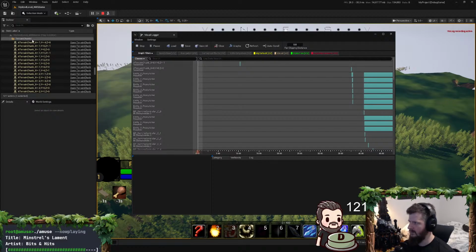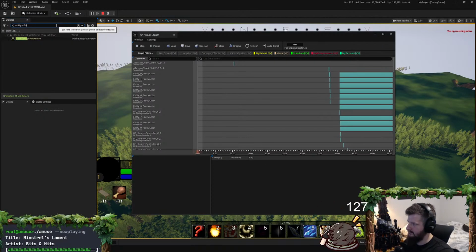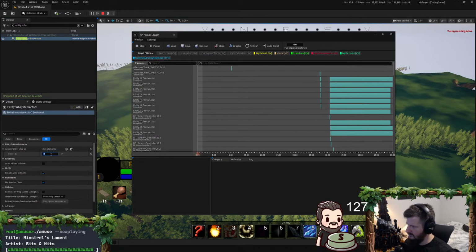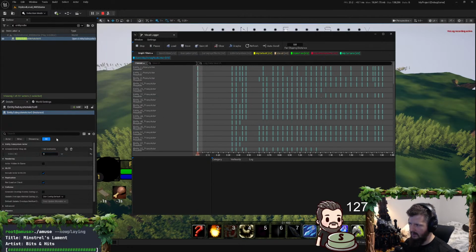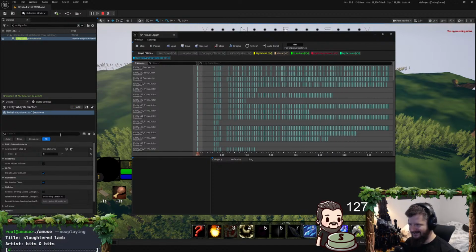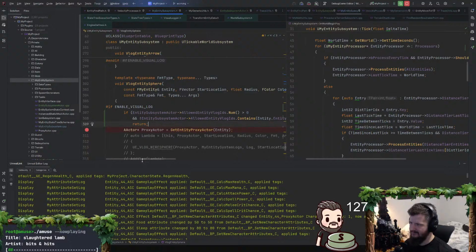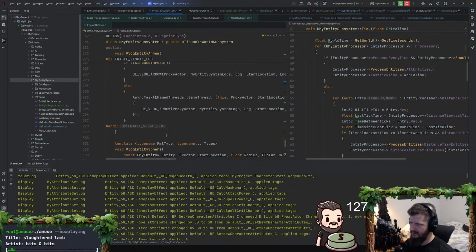Okay, so let's see, what was the actor called? I forgot. Subsystem actor. There we go. So we're gonna add entity 8. Why not? Okay. It's not working. Can you breakpoint header files?